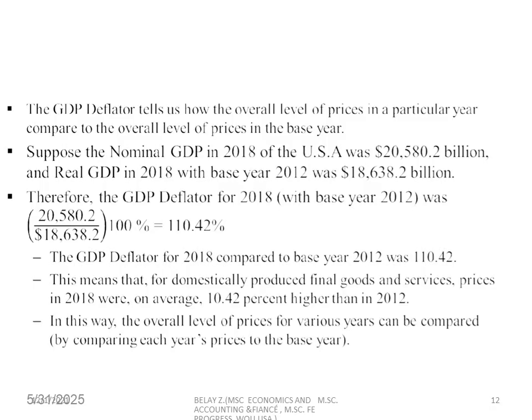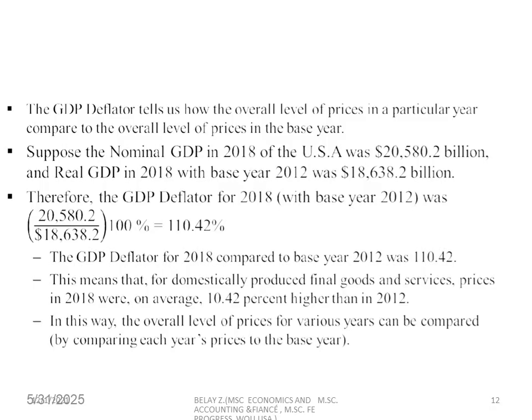Therefore, the GDP deflator for 2018 with base year 2012 was 20,580.2 billion over 18,638.2 times 100, which is equal to 110.42.